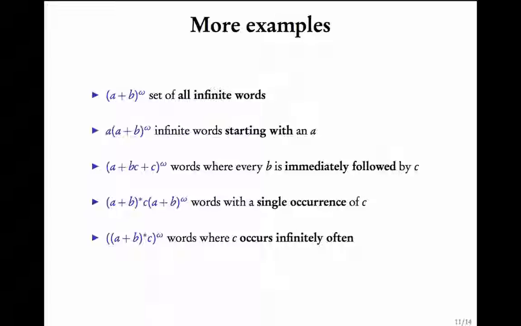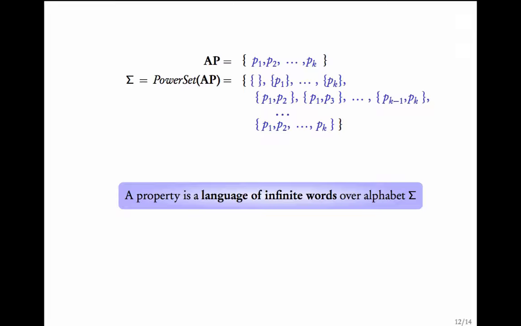At this point, we have seen many examples of omega regular expressions. We have also seen a definition of the omega operator. If you are clear with these examples and the definition, we can now see what omega regular properties are. Our goal is to specify properties using omega regular expressions. When we talk about properties, our Sigma would be the power set of AP.